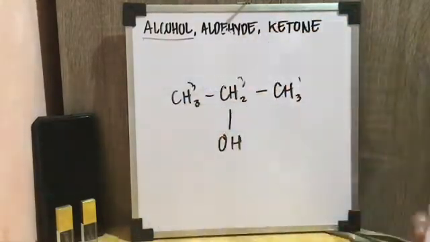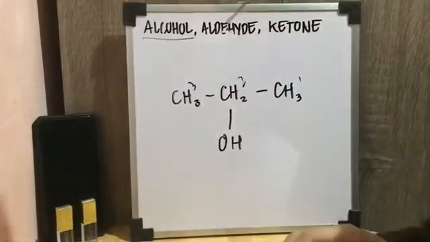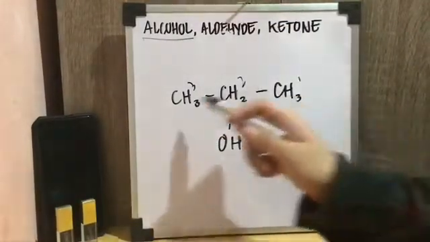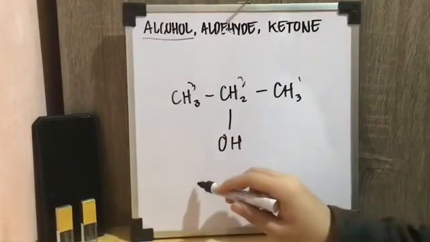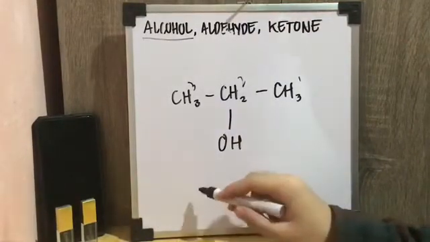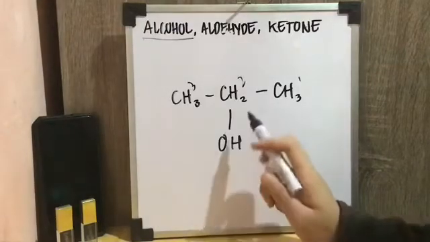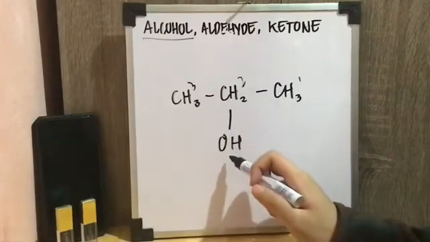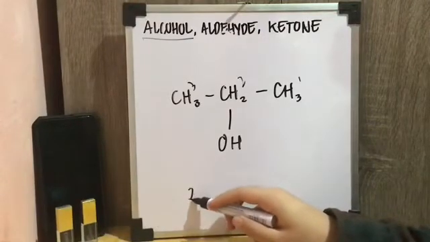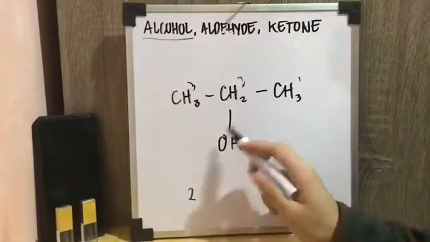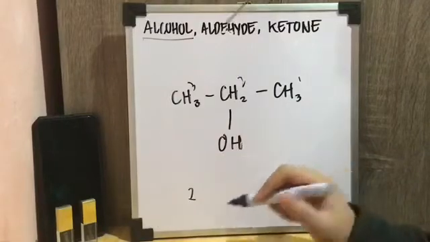So from right to left. It's 1, 2, and 3. When you're going to be naming it, since there are 3 carbons in the mother chain, you will be using the prefix "prop". But since we have the attachment connected to the second carbon, we're going to be naming the number first, which is 2, since the hydroxyl group is connected to the second carbon.